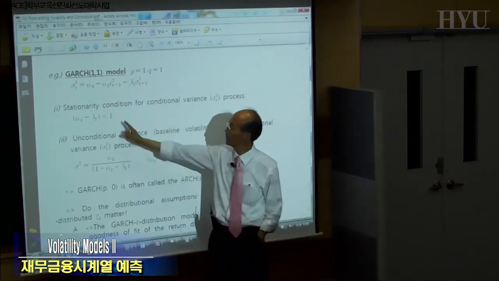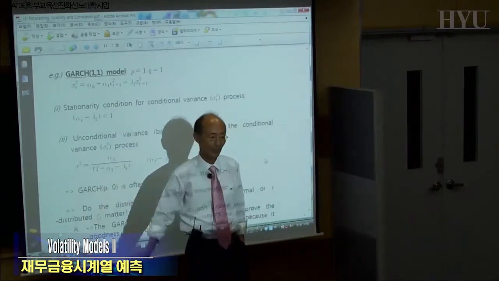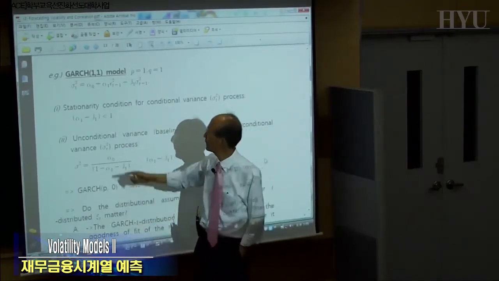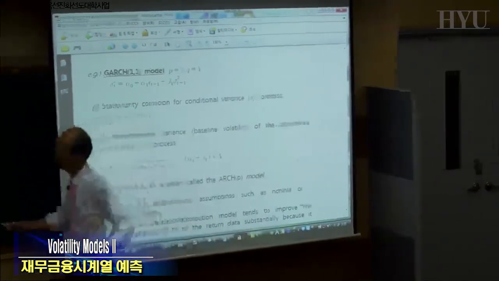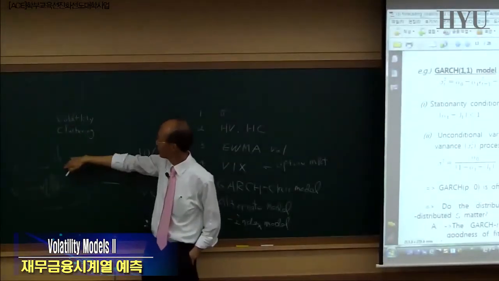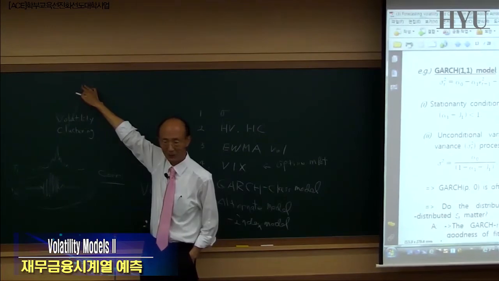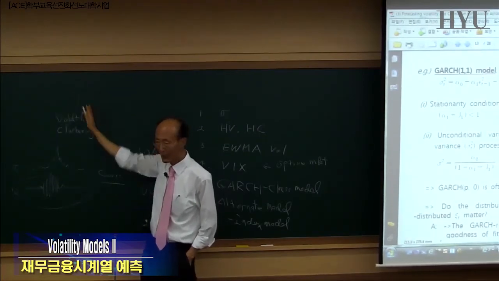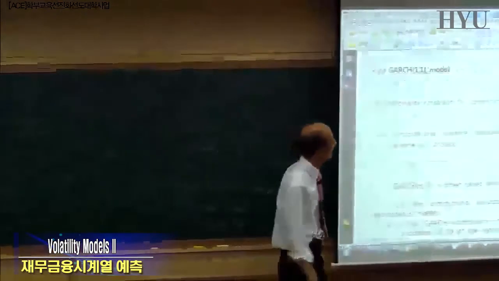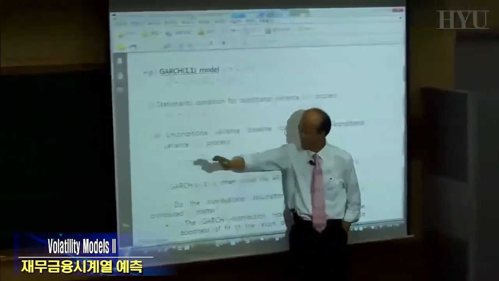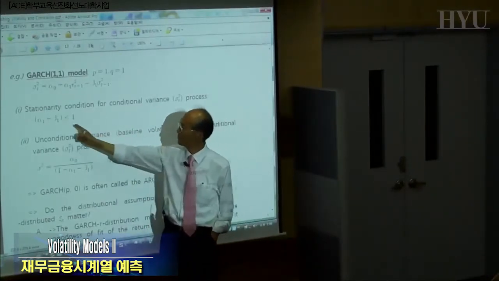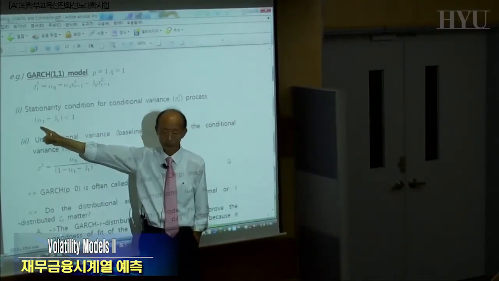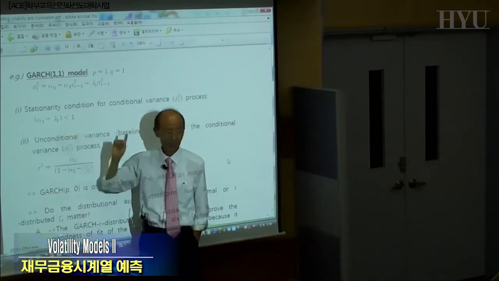What else? Well, like the stationarity condition in ARIMA modeling, you have to think about preventing explosive behavior. We don't observe this historically. What goes up comes down, right? So to make this stationary, well, actually Bollerslev proved this condition in his famous paper in 1986.